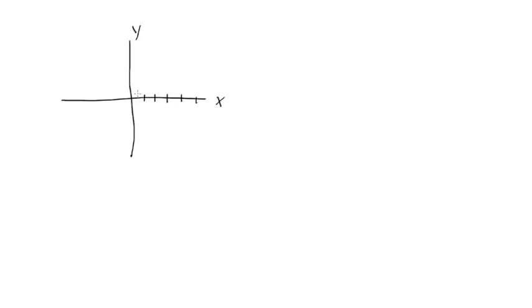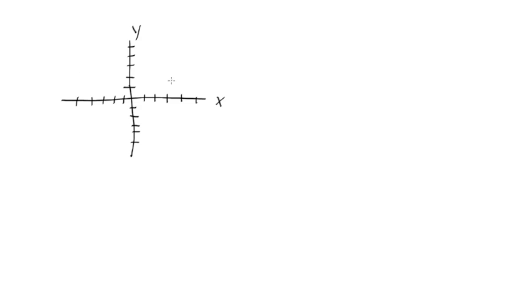So anything to the right we consider to have a positive x value, and on the other hand, anything to the left we're going to consider to have a negative x value. Similarly, with our y-axis, anything up is going to have a positive y value. Anything below will have a negative y value.